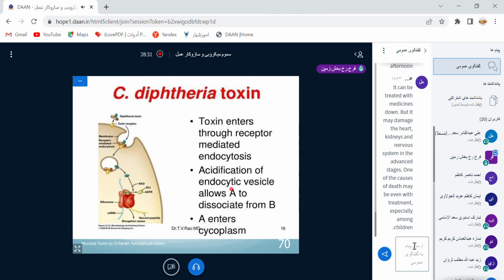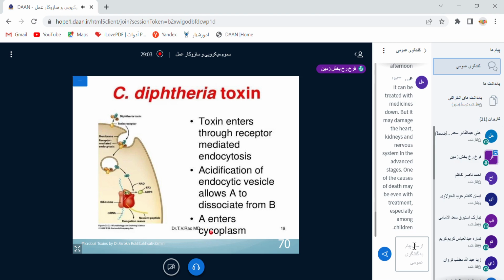Acidification of the endocytic vesicle allows A to dissociate from B. Here acidification happens, and only the A subunit can come outside the phagosome. And now it is inside the cytoplasm.